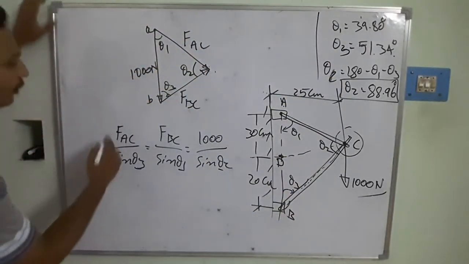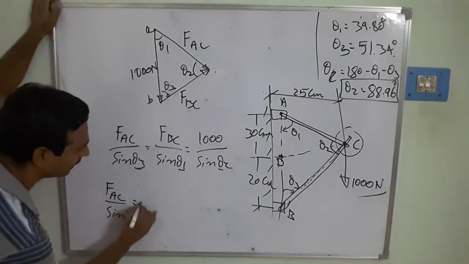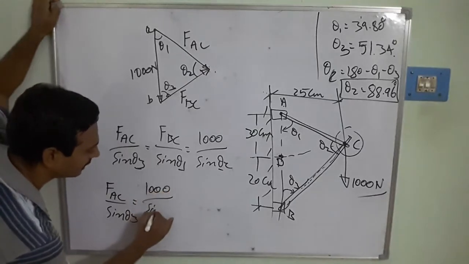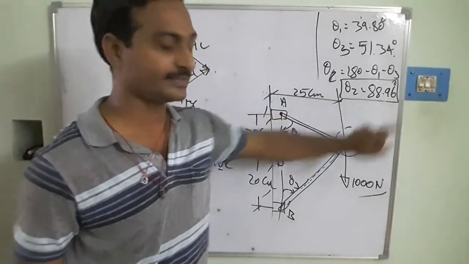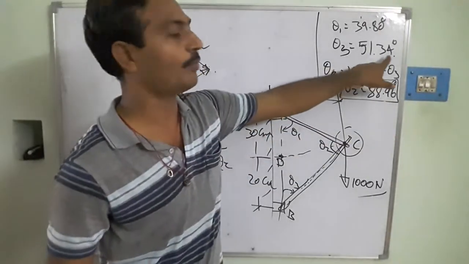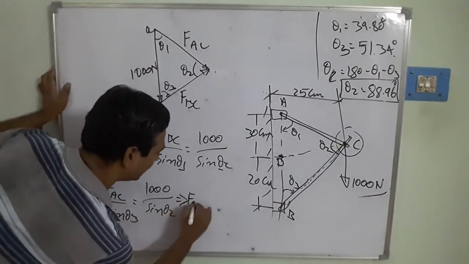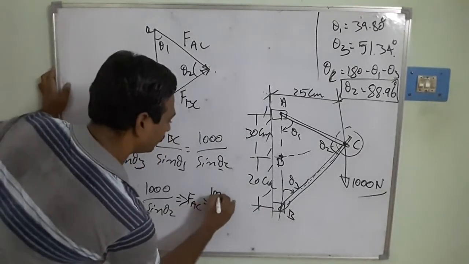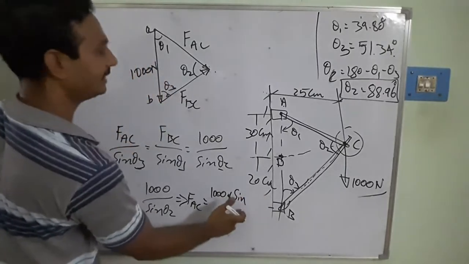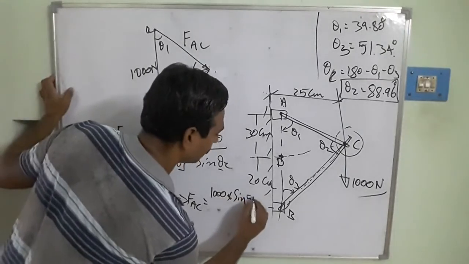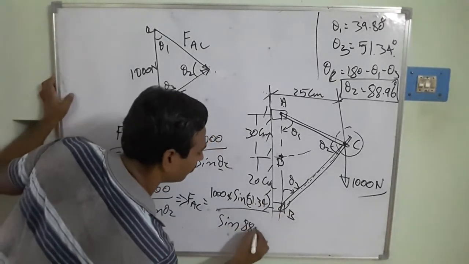So finally, FAC by sine theta 3 is equal to 1000 by sine theta 2. Theta 2 is 88.96 degrees and theta 3 is equal to 51.34 degrees. Substituting, FAC is equal to 1000 into sine 51.34 divided by sine 88.96.